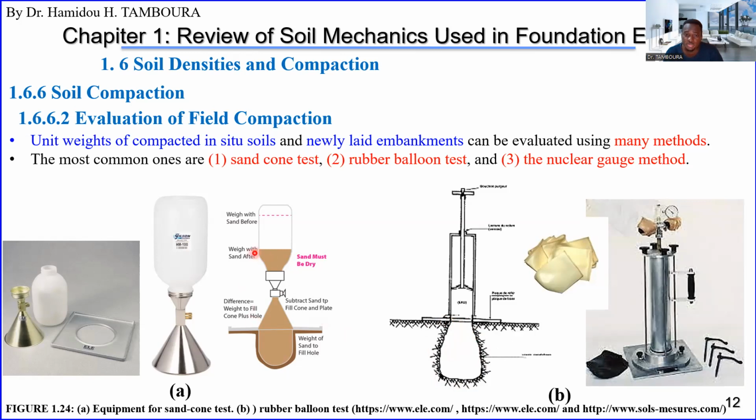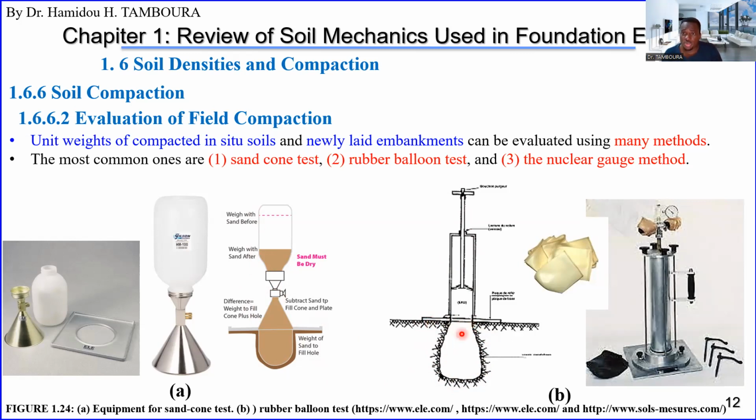So if you obtain the volume of this void, again, it will be the same principle as this one. The soil from this void, you have to collect it, and go and find the weight of the soil, the mass of the soil. Since the soil is coming from this hole, it was the initial, compacted volume of the soil.